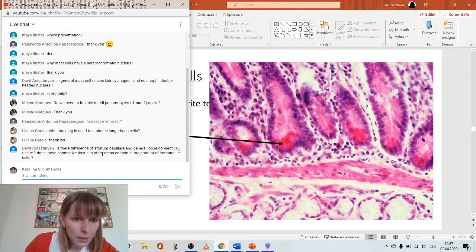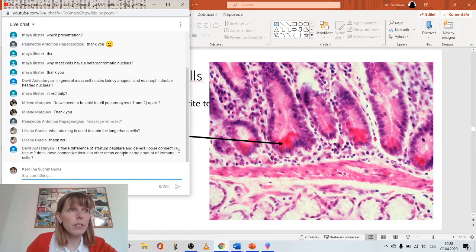Is there a difference between stratum papillare and general loose connective tissue? Does loose connective tissue in other areas contain the same amount of immune cells? Yes, that's a good question. Stratum papillare is the equivalent of lamina propria in skin.